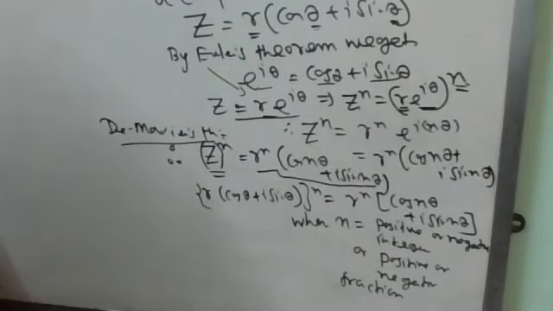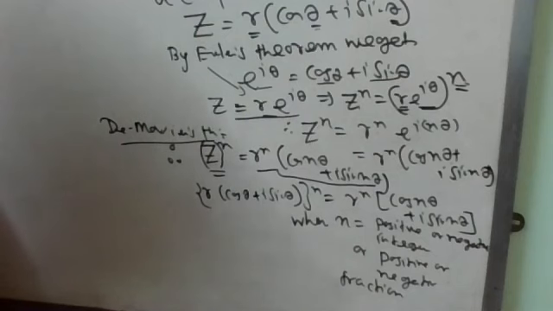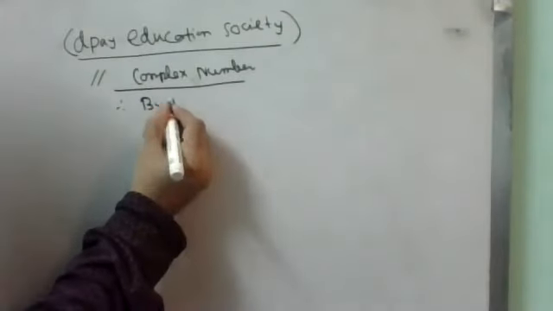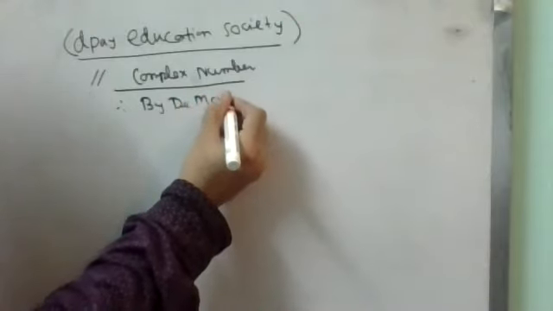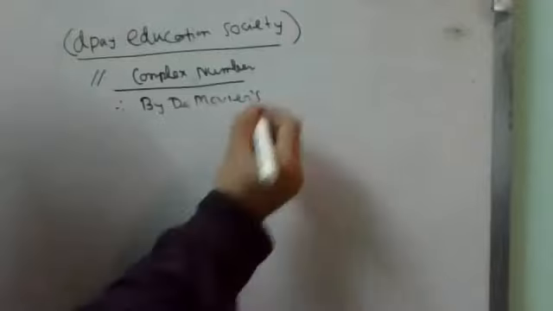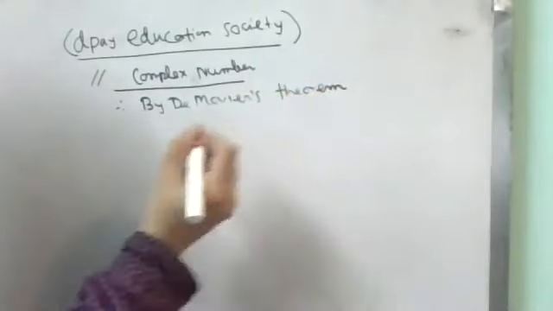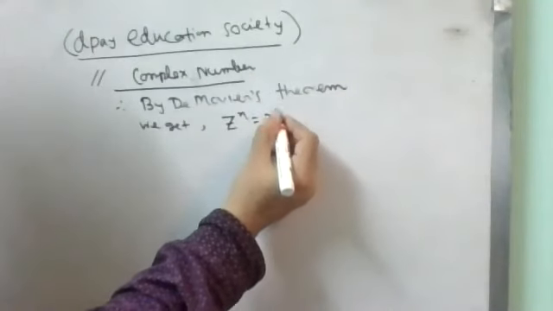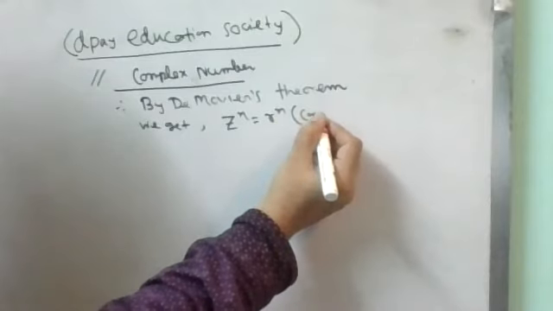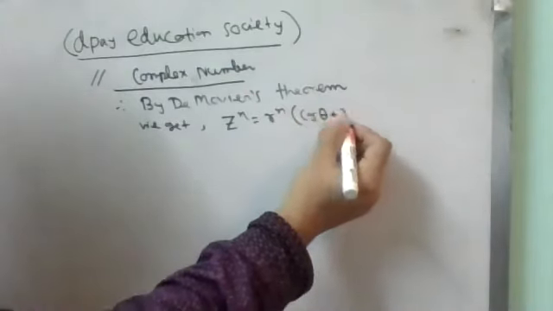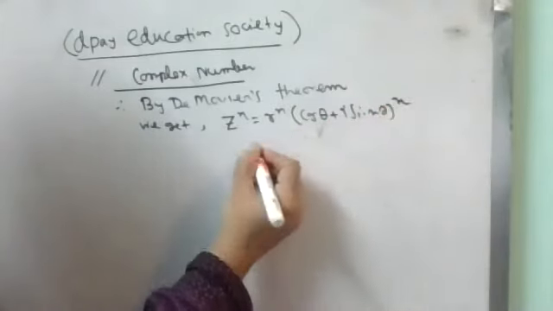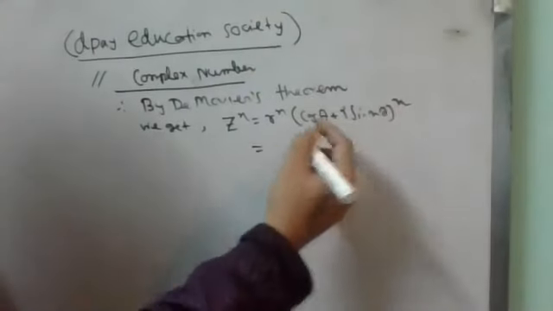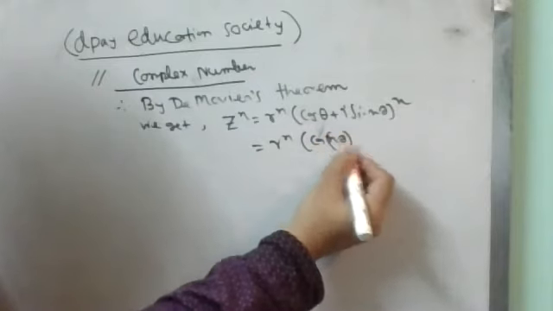So, therefore, by de Moivre's theorem, we get z to the power n means r to the power n (cos theta plus i sin theta) whole to the power n, and that n will become the multiple of theta.